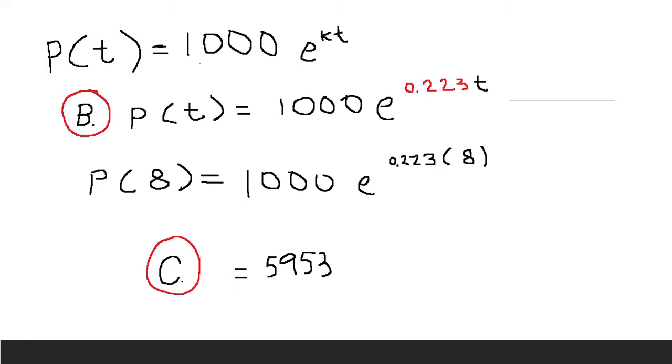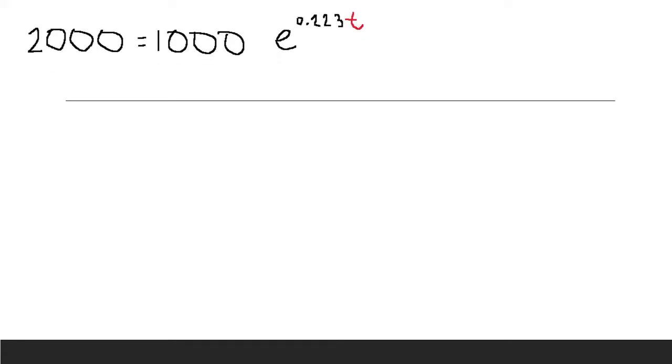Now, how many years will it take the population to double? And that's starting from the year 2000. What we're going to do is find out how long it takes for the population to double from 1000 to 2000, because 1000 times 2 is 2000. So let's replace P(t) with 2000.